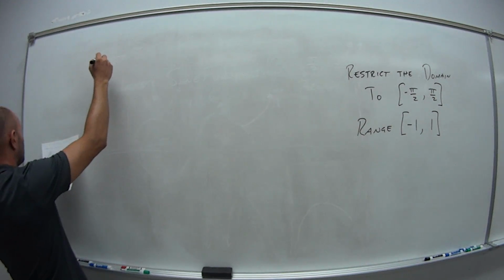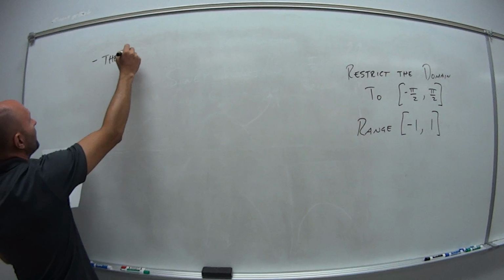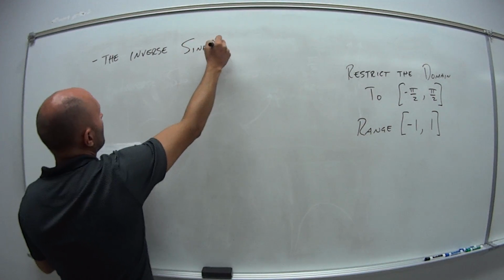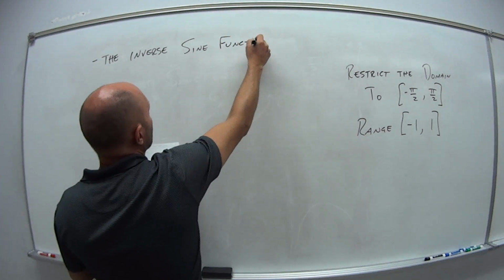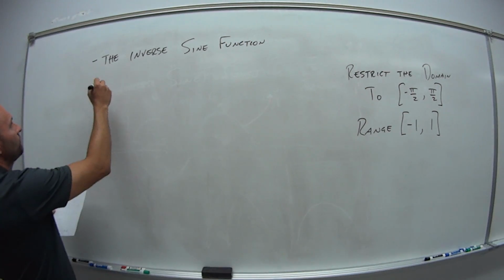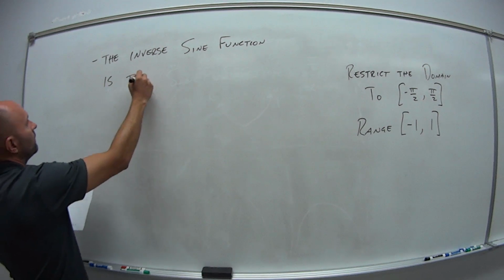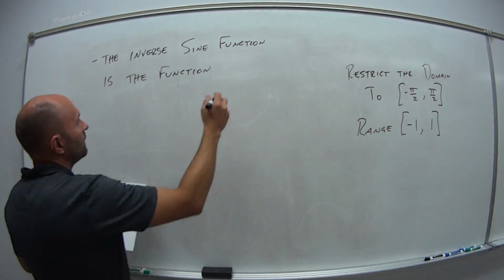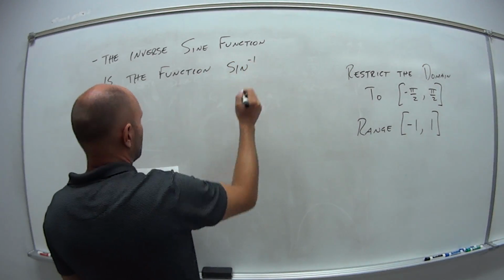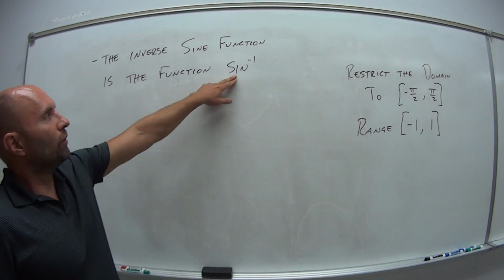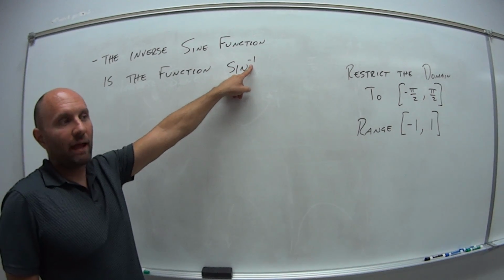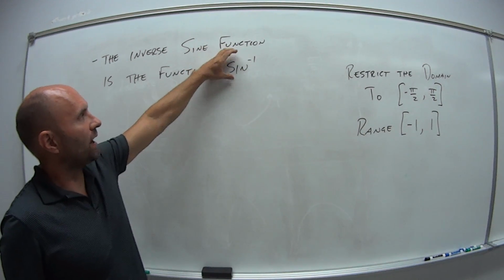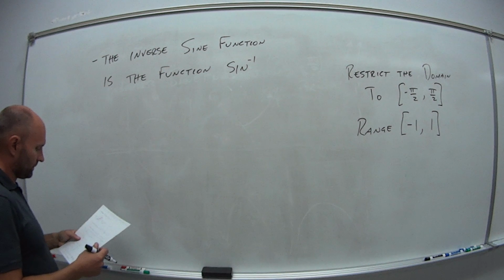So the definition says the following: the inverse sine function is the function we write as the following. Our word sine with a little -1 exponent. When we see something like this, this is telling us the inverse sine function. That's its notation.